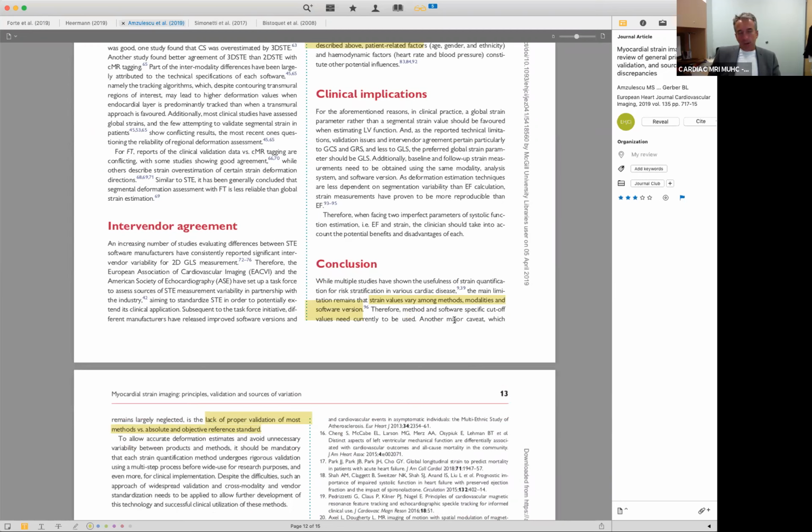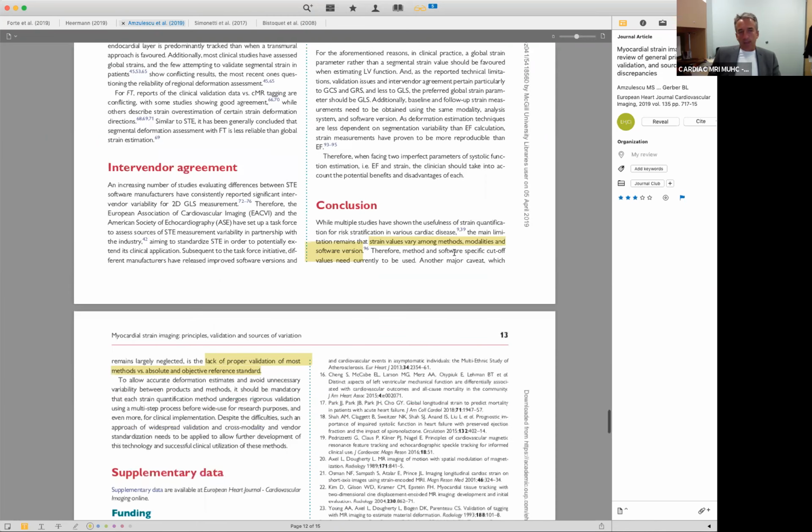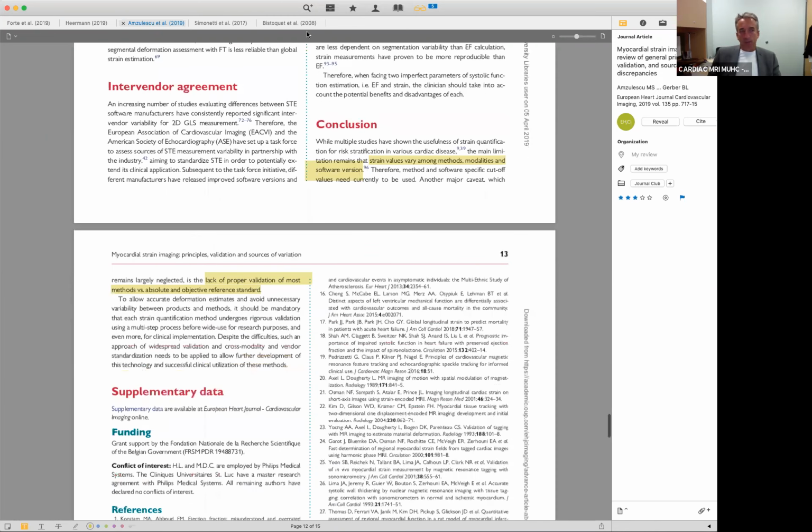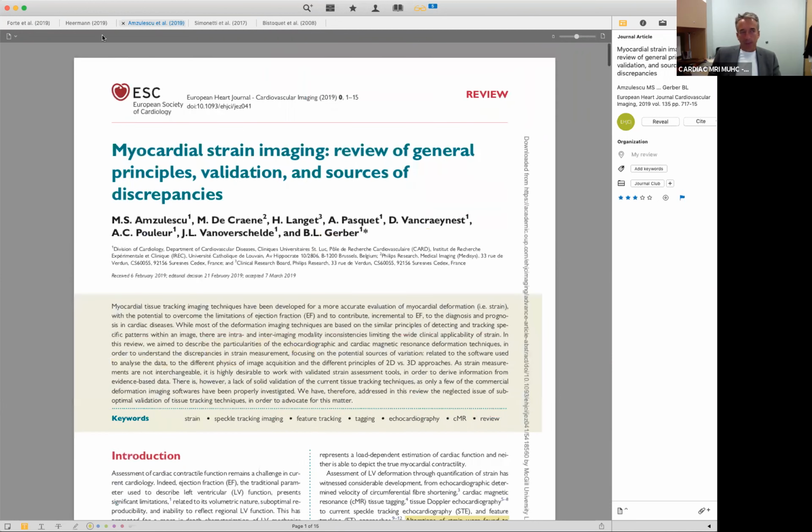From what I'm basically monitoring in the field, all the different approaches, echo, MR, different software, they are still all working on trying to understand where are sources of limitations, or where can sources of limitations be controlled, or how can things be standardized. So that is the reason why I think some of these papers will be important that are coming out.